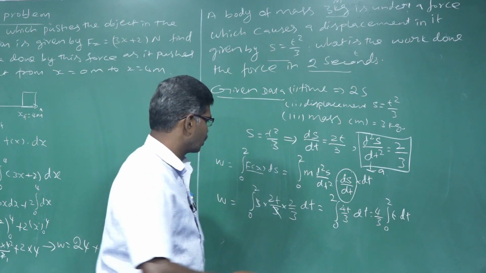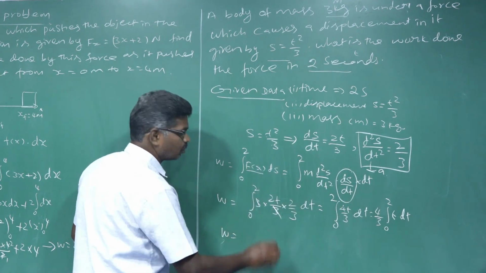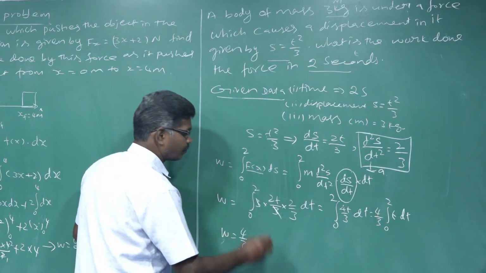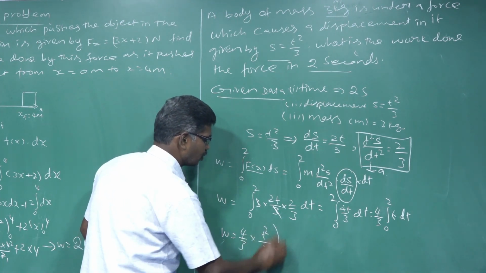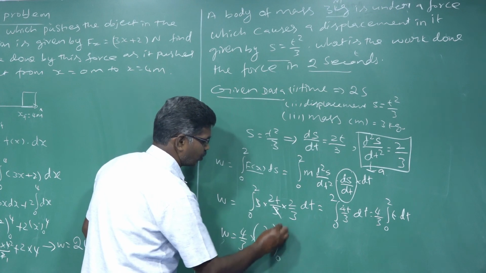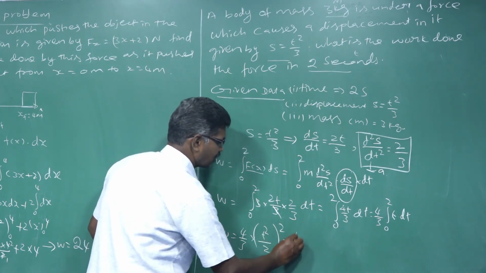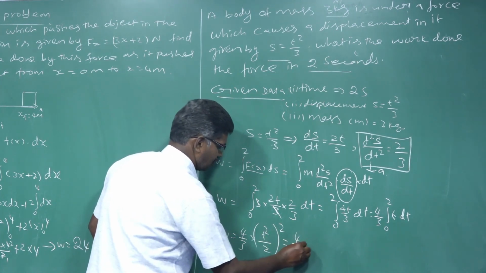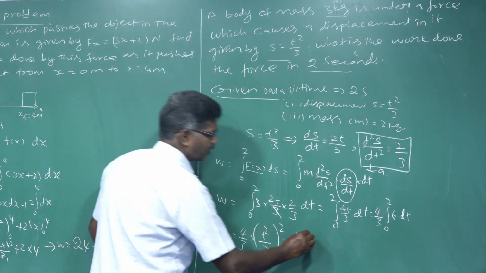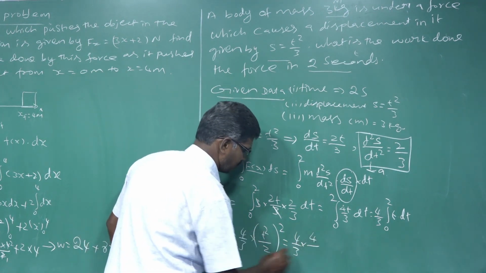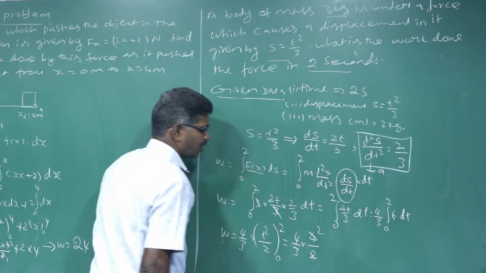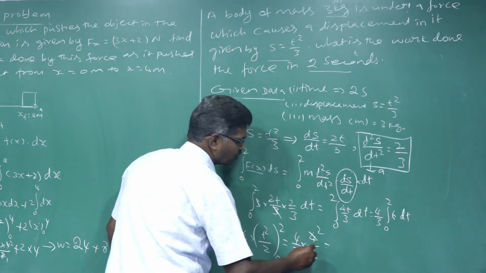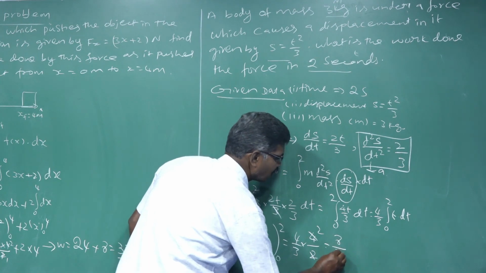Like that, W is equal to 4 by 3 into t squared by 2, with limits 0 to 2. Then you can take 4 by 3 into 2 squared, that is 4, divided by 2. If you simplify that, we get 2 into 4, 8 by 3 joule.